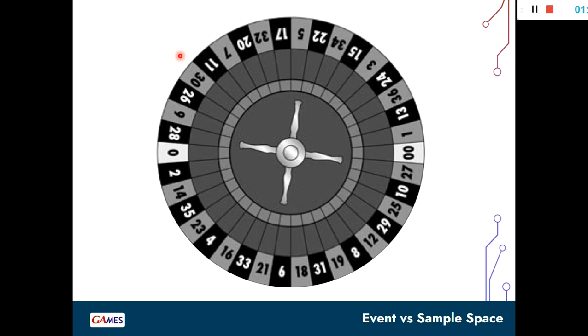So how would you describe the likelihood that the ball lands in 8? What is the likelihood that the ball will land in 8?